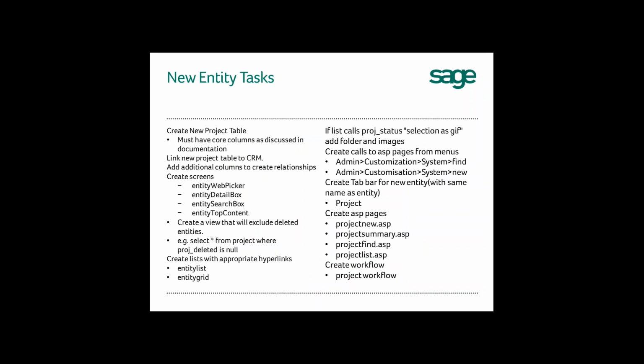And it doesn't matter whether it's a structure like our new entity project, or whether it is a new structure like the table that sits outside of CRM, or in fact a rebuild of some of the screens within Sage CRM.